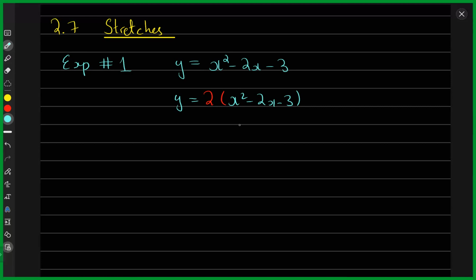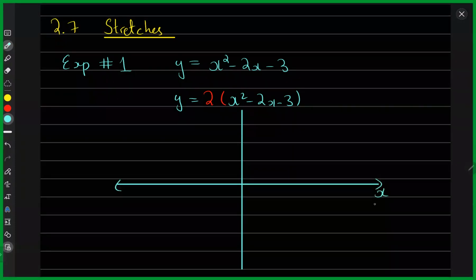So this is my y-axis. Here is my x-axis. Now, first of all, I am going to make the graph for the original one. It's 1. And then this is equation number 2.